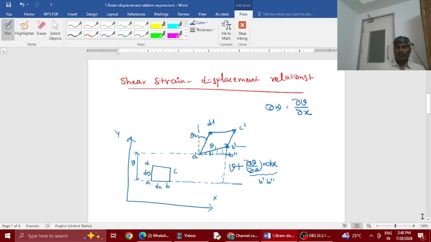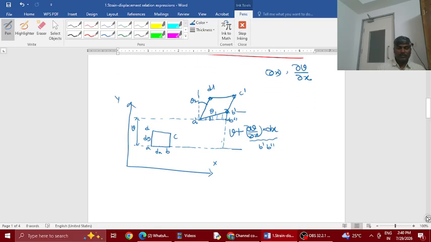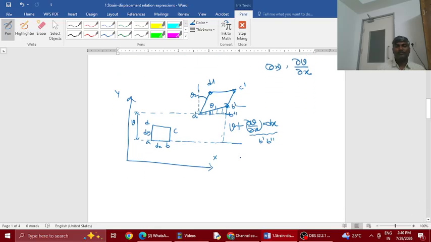Okay, right? So now if I write tan theta 1, opposite side b dash b double dash divided by adjacent side a dash b double dash. This is a dash b double dash. So this angle I try to calculate.